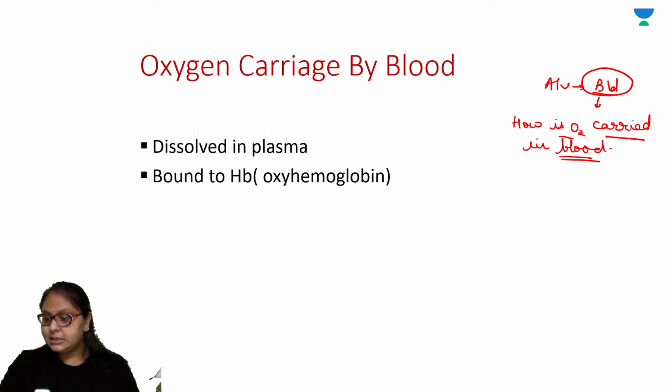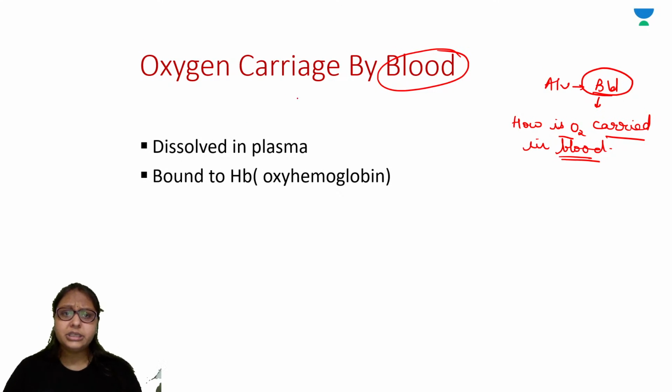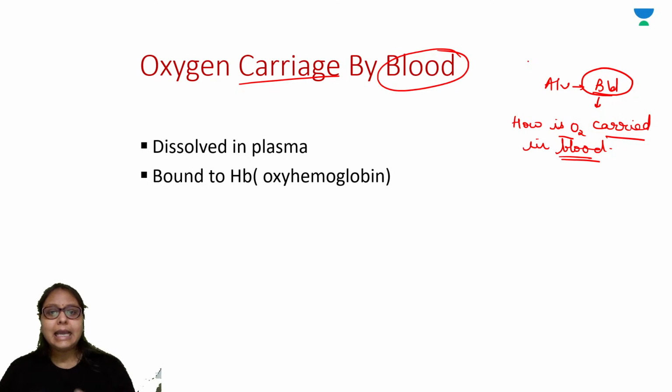So this is the point which I have told you. Now the last point is oxygen from the atmosphere has come till the blood, right? Now how is oxygen carried in the blood? Oxygen is carried in the blood in two forms. One is the dissolved form and one is bound to hemoglobin.